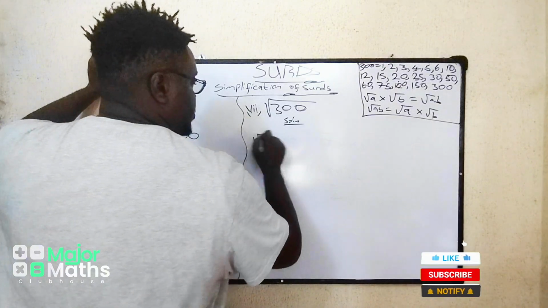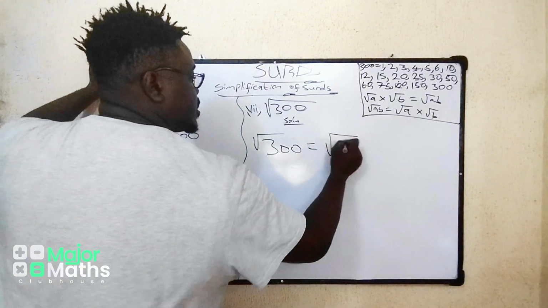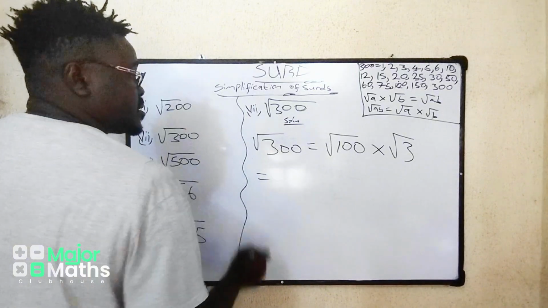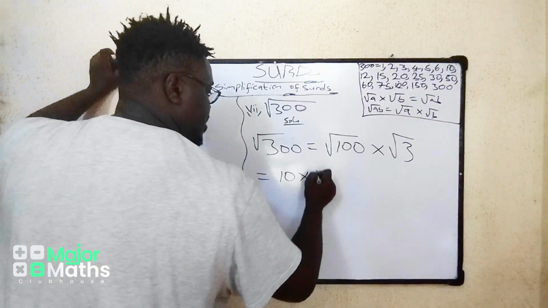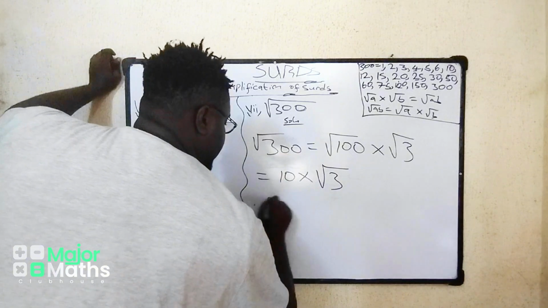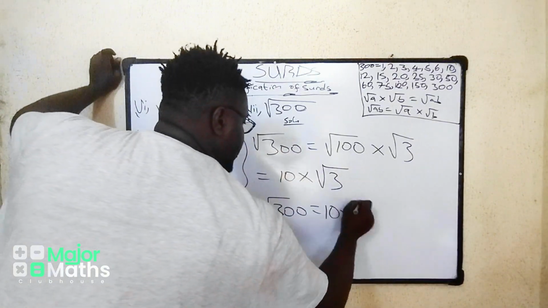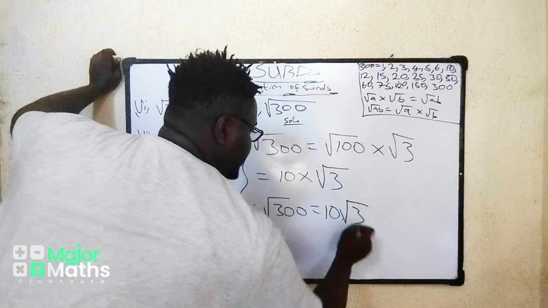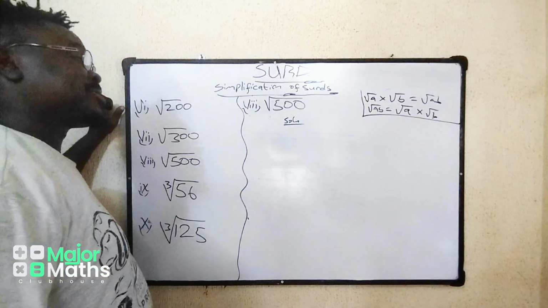So root 300 is equal to root 100 times root 3, which gives you 10 times root 3. You still have to bring down the root 3. So therefore, root 300 is equal to 10 root 3. That's your value. So now we'll be dealing with 500.